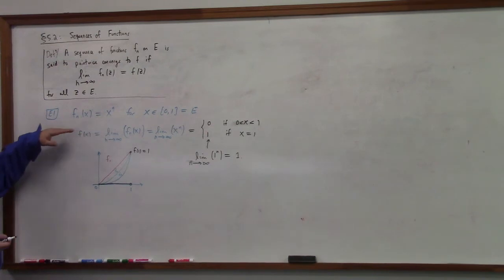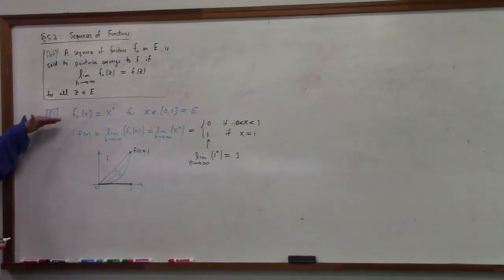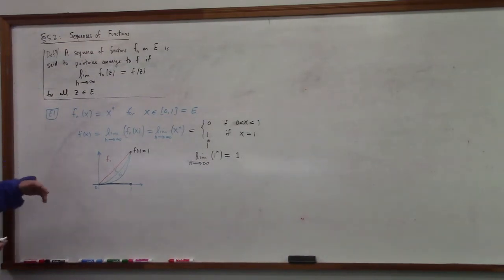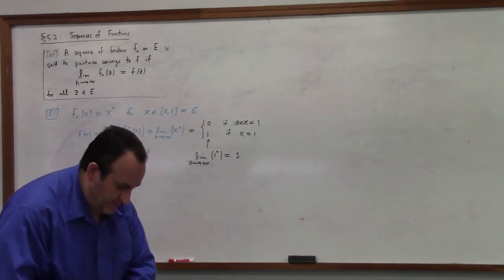So here's a sequence of functions which pointwise converges to the function f, and the limit function is not continuous, despite the fact that every function in the sequence was continuous, right? So pointwise convergence does not necessarily preserve continuity, all right? Another example.